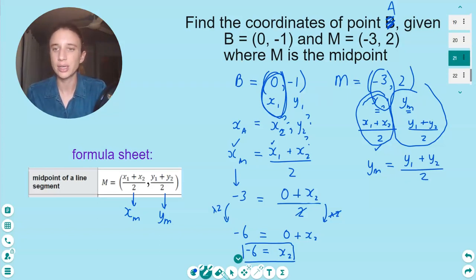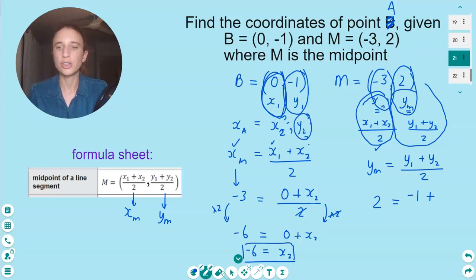All right, so now let's carefully substitute. The y coordinate of my midpoint is 2. And my first point's y coordinate is -1, plus y2, which is what we're trying to find here. So we leave it as a variable in the equation. Nearly done.